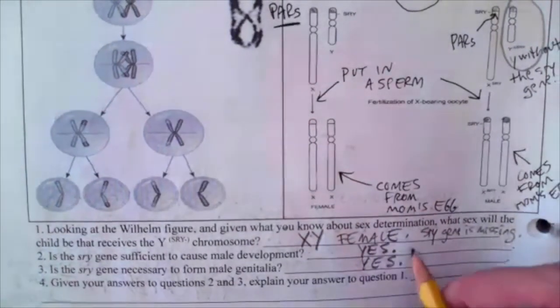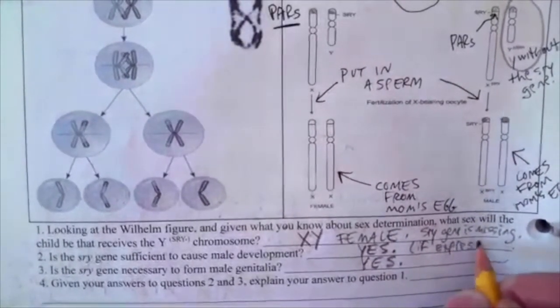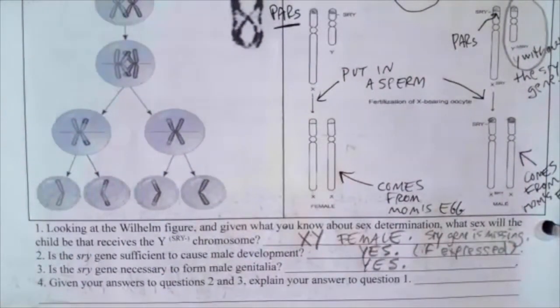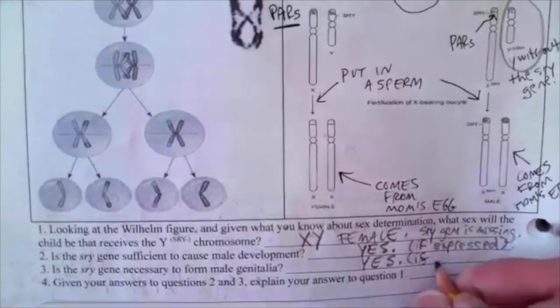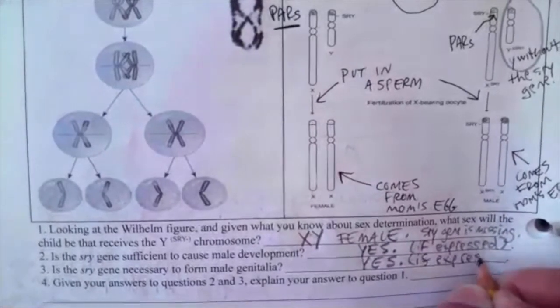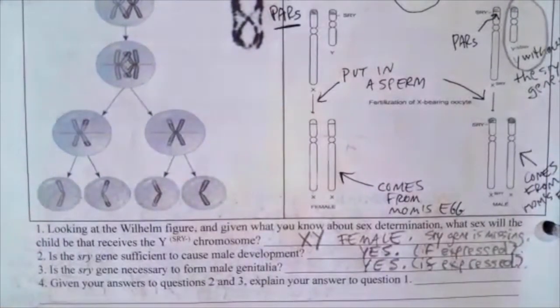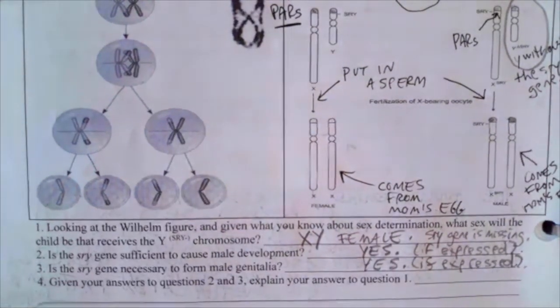I have to say if expressed, because you could imagine an SRY gene being turned off and then inherited. Sure, we can imagine that. If expressed, yes. So you can actually inject the SRY gene product into a developing mouse's gonad and make it male, despite the absence of the gene on the chromosome, which is kind of neat.